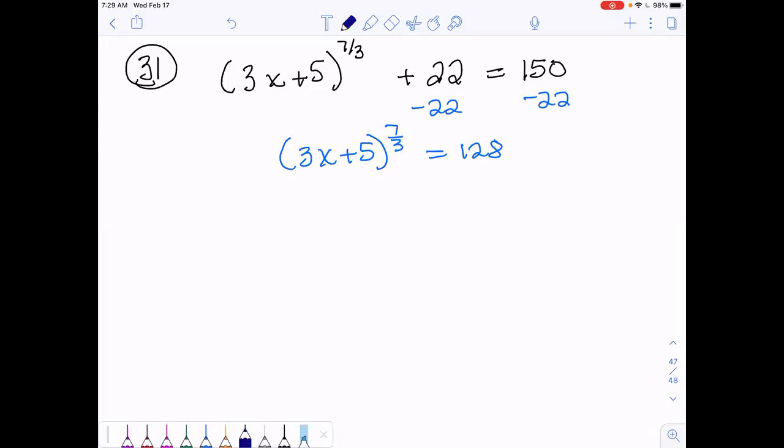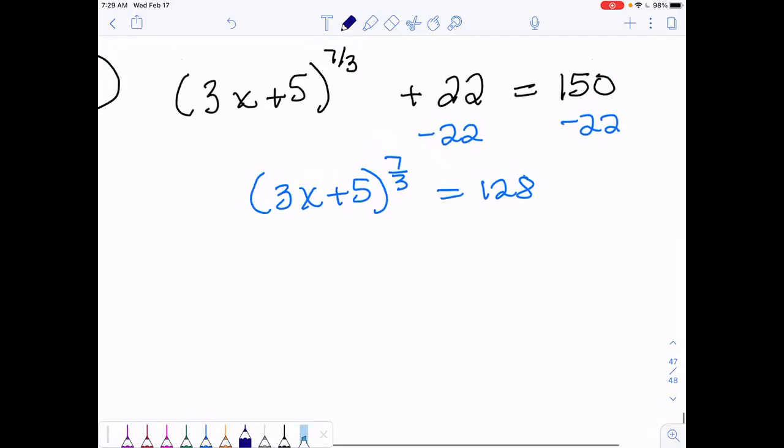So the next step would be for us to get rid of that 7/3, which means we have to take it to the reciprocal exponent, which would be 3/7. And remember, it's an exponent, so the exponent on the other side is also 3/7. Riley, when you have 128 to the 3/7, how would you rewrite that?